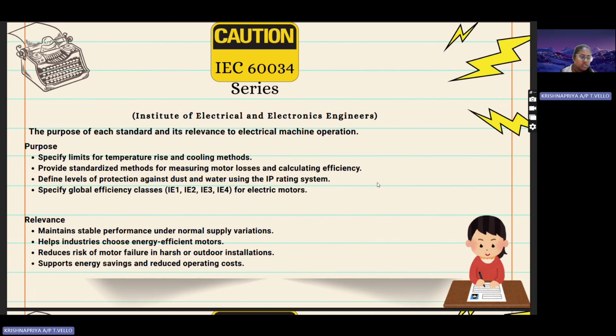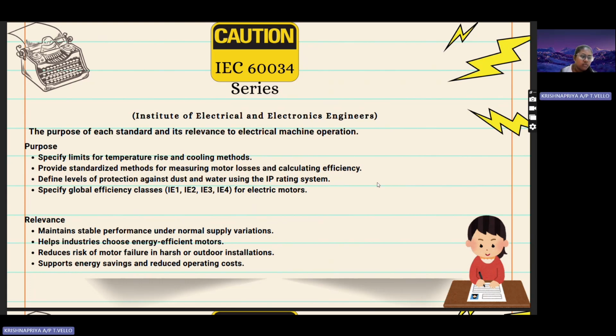The first one is IEC 60034-1. It specifically covers limits for temperature rise and cooling method, and it is relevant to maintain stable performance under normal supply variation.